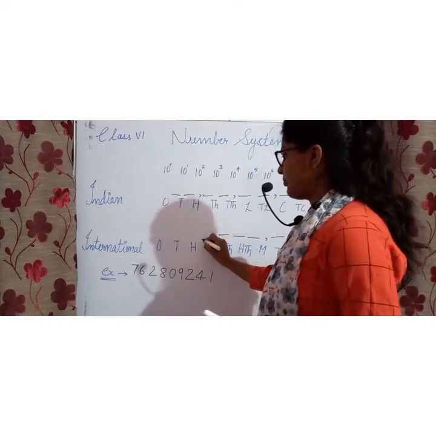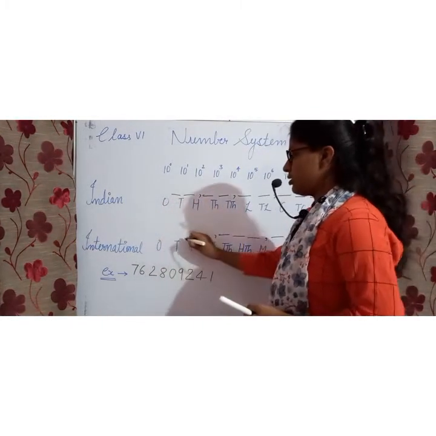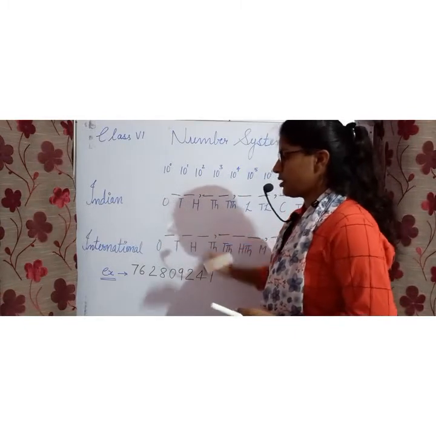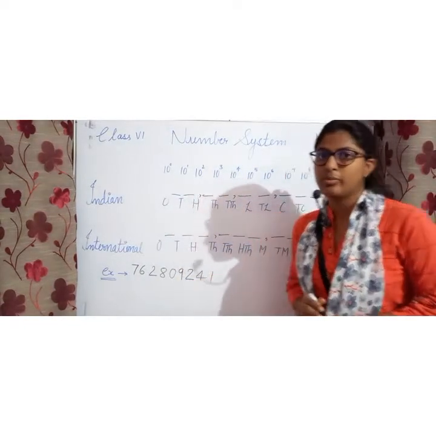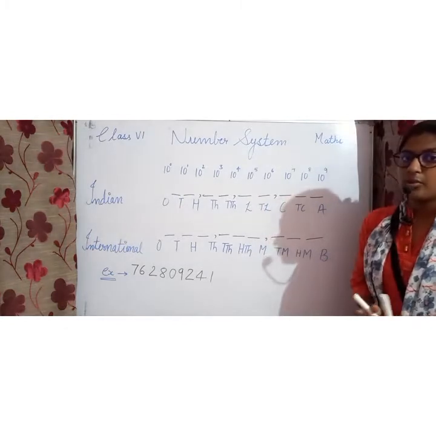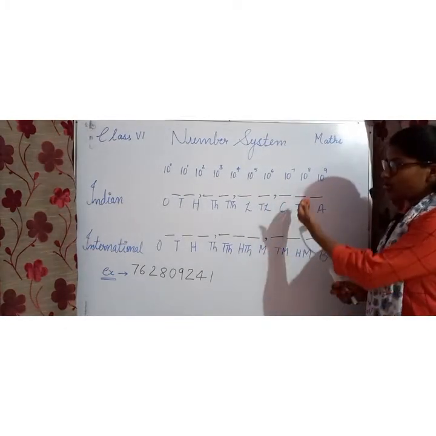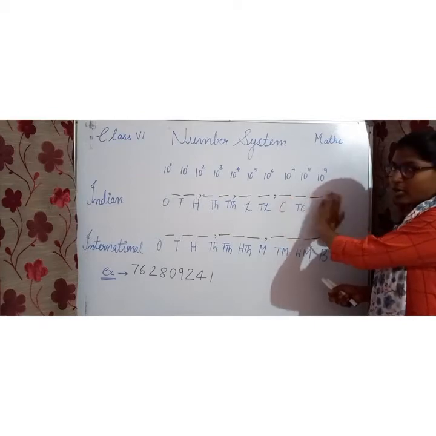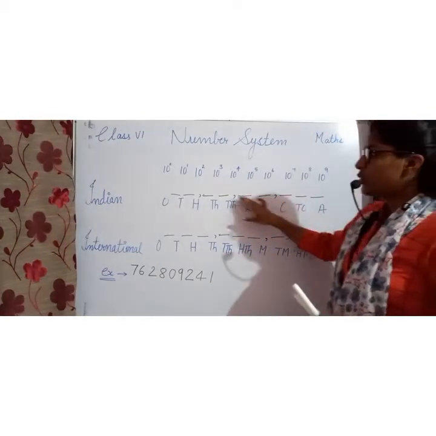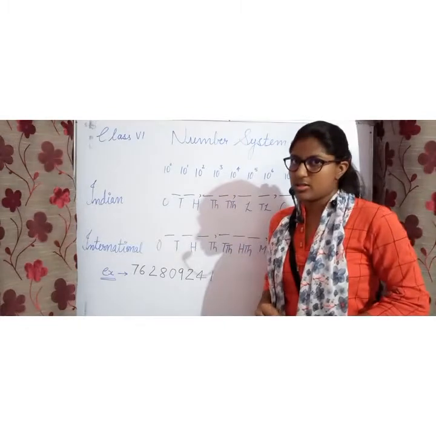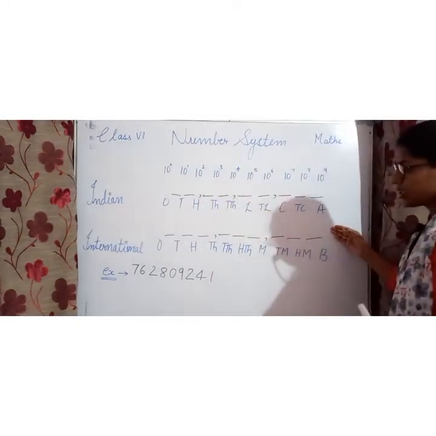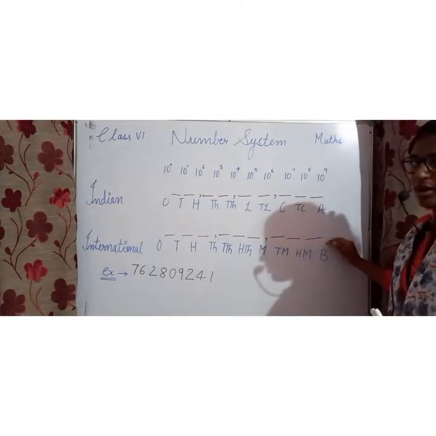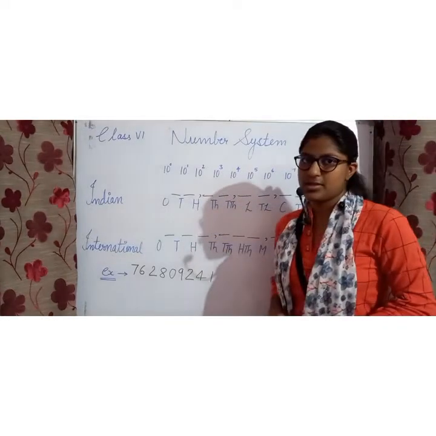Then make a comma, million, 10 million, 100 million, and so on. Everyone, you can observe here, in the Indian number system, after 3 digits from the right-hand side you make a comma, then 2 digits and you make a comma. But in the international number system, we make a comma after every 3 digits.